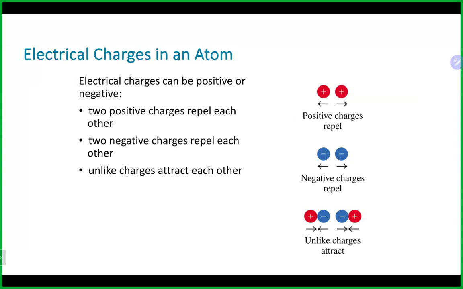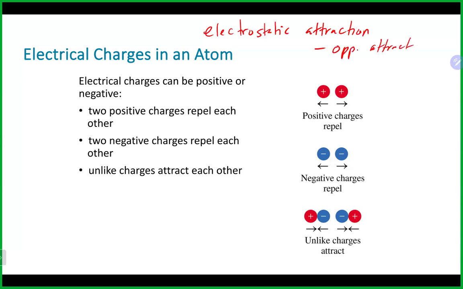And one of the really important concepts in chemistry, and was also really important in looking at the atom and exploring the atom, is the idea of opposites attract. And opposites attract was sometimes referred to as electrostatic attraction. Basically, opposites attract, right?